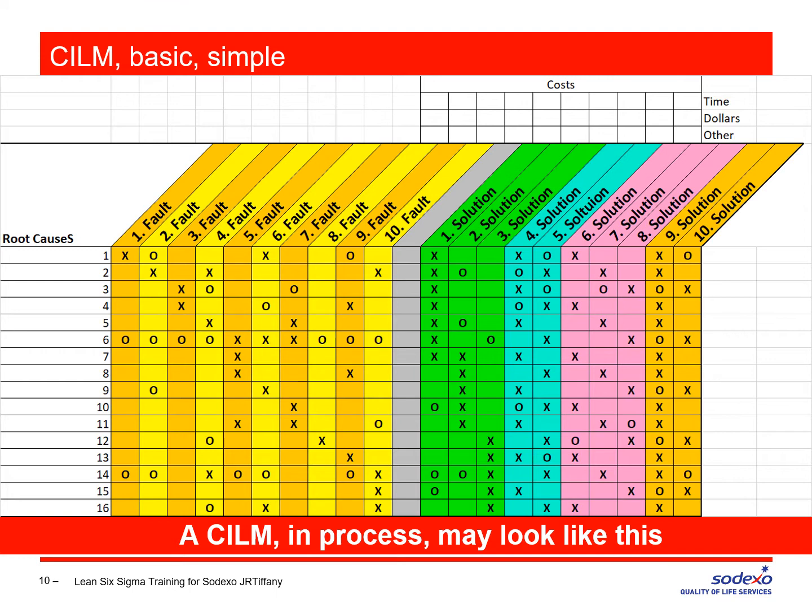Whoever owns fault 10 here evidently has said that also would fix fault number 10, so you put an X in there. But you can see how this develops. If you do it correctly, and you develop one or more root causes for each of the faults, there should be something like a diagonal line of X's across the field that shows the intersection of root causes and faults and their assignments one to the other.